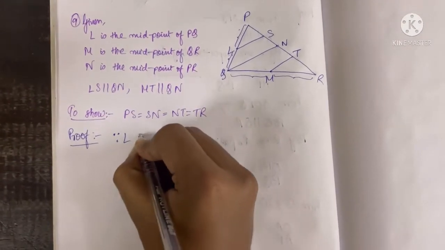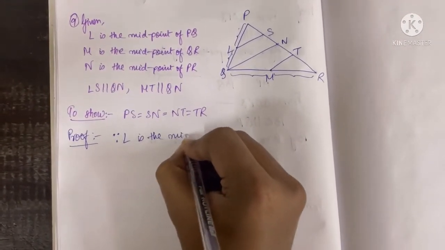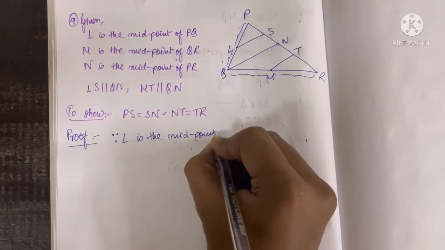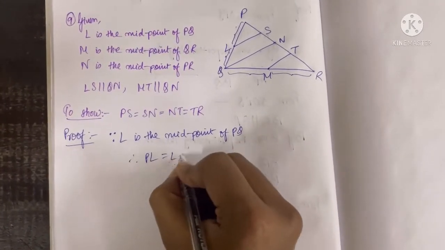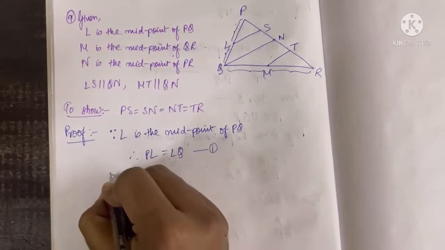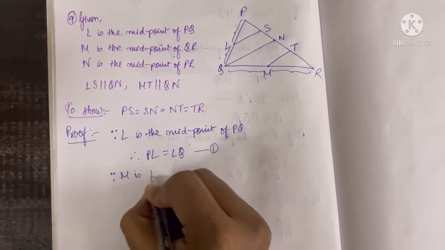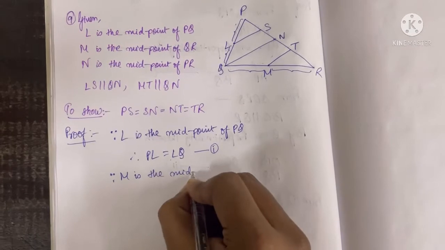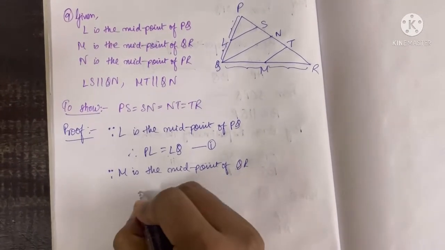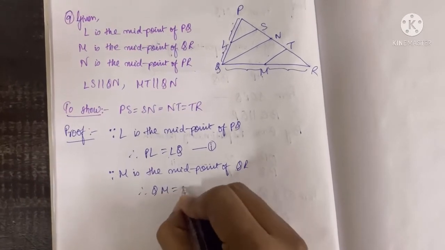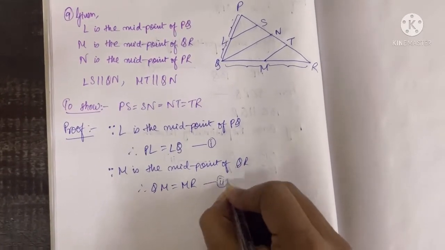So since L is the midpoint of PQ, therefore PL will be equal to LQ, number 1. Since M is the midpoint of QR, therefore QM must be equal to MR, number 2.